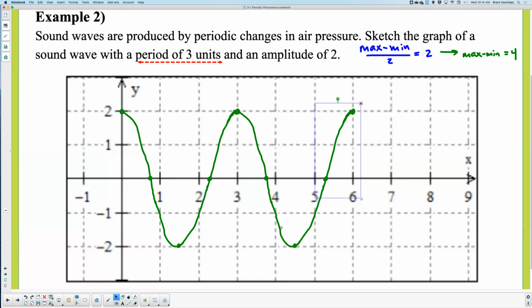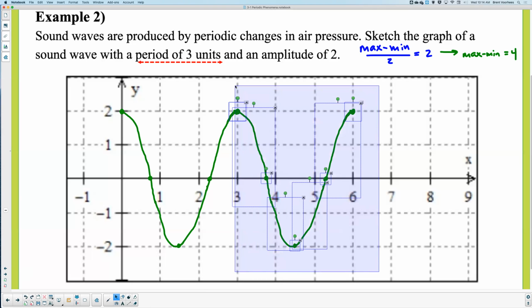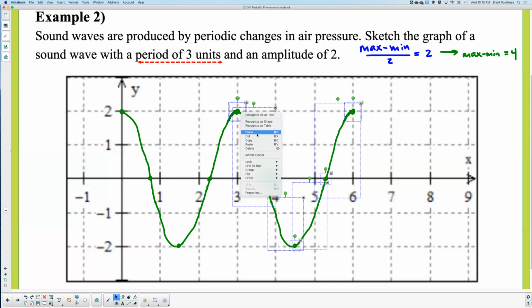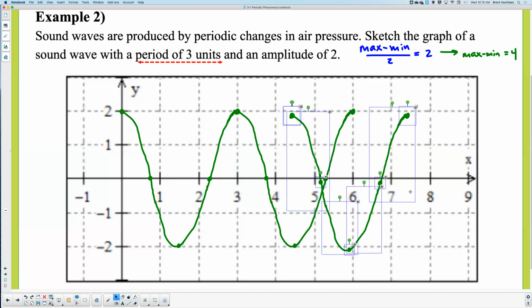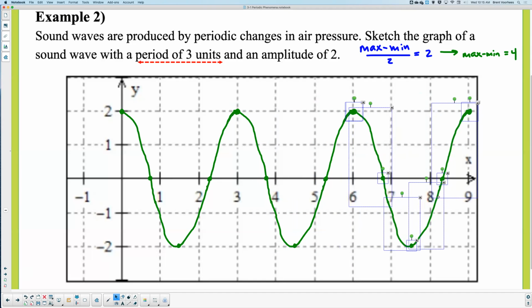Whoops, that's not what I want to do. I lost mine. I got to do it again. And just fill up your graph here, trying to follow that pattern. Okay, I'll give you a moment to do it. Once you get to 9, you can wrap it around and draw your arrow. So I'll curve it around and draw my arrow there.